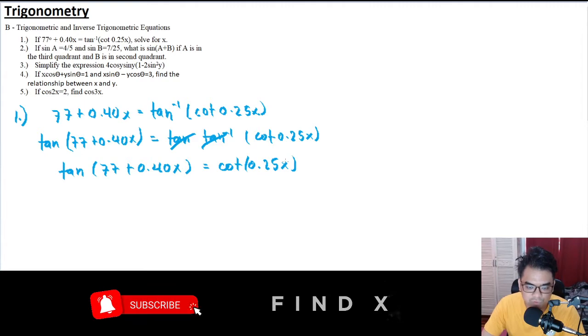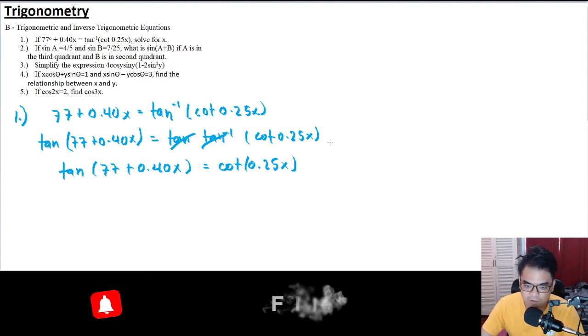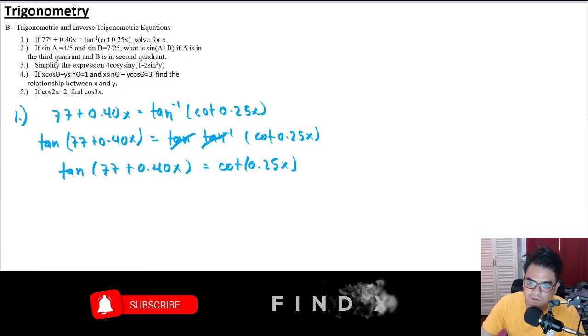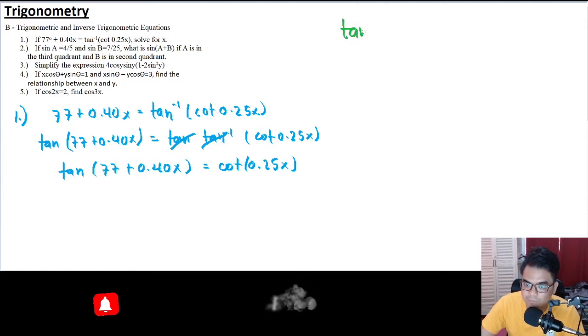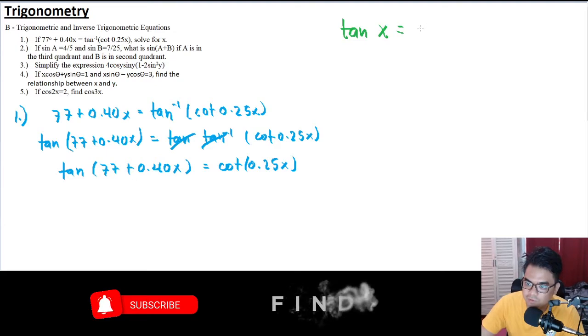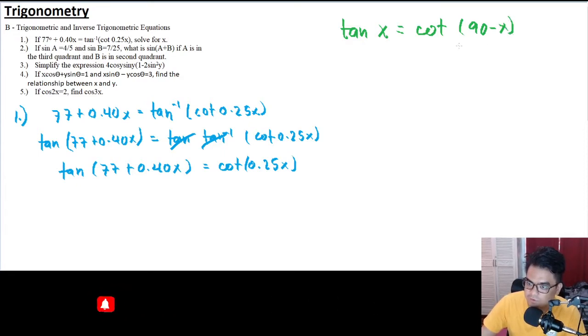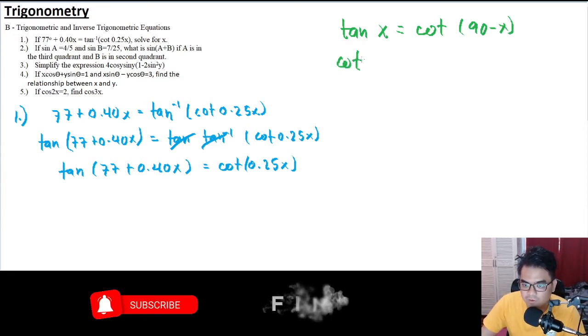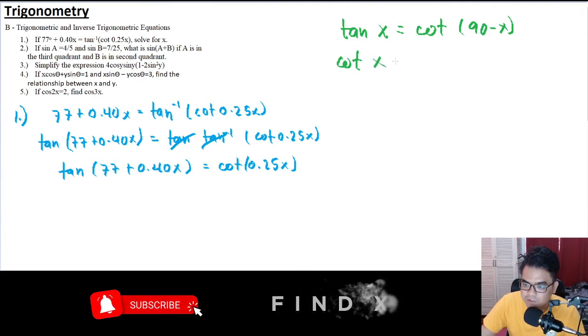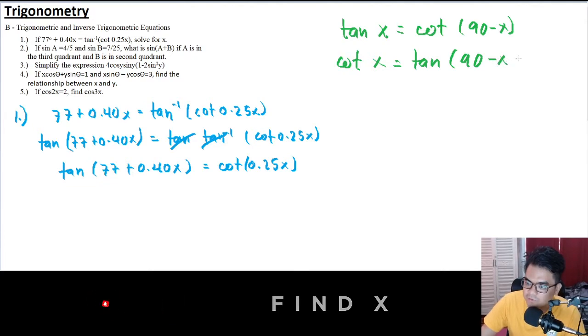You can now use the complementary angle identity. The complementary angle identity simply says that tangent x is also equal to cotangent of 90 minus x, or you can also have cotangent x is equal to the tangent of 90 minus x.